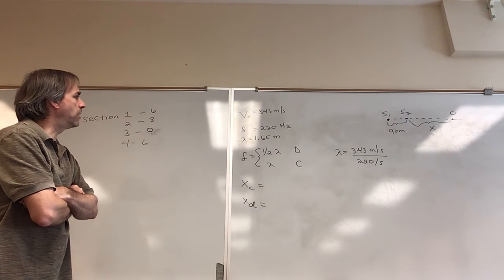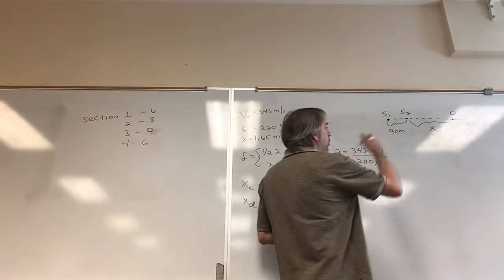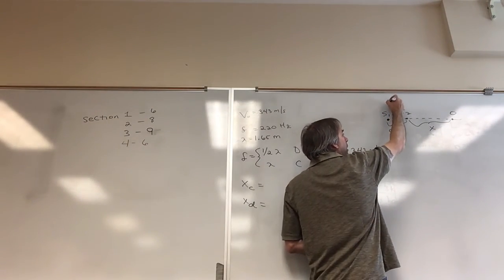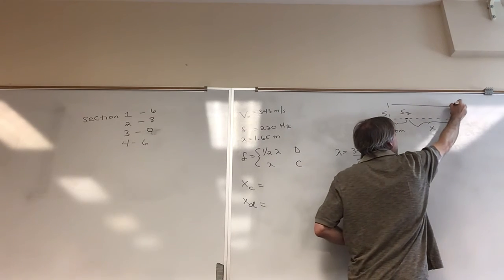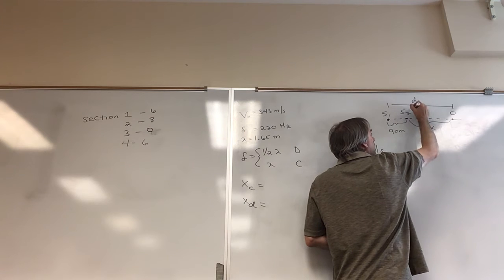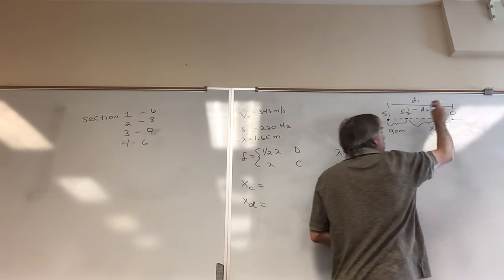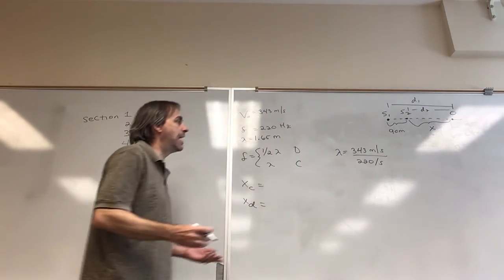It's a one-dimensional problem. Delta is a path length difference, so from S1 to the observer, let's call that D1, and this is D2 here. So delta is just 9 centimeters.